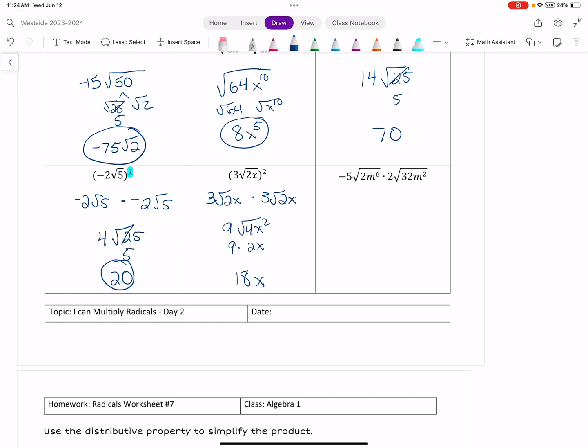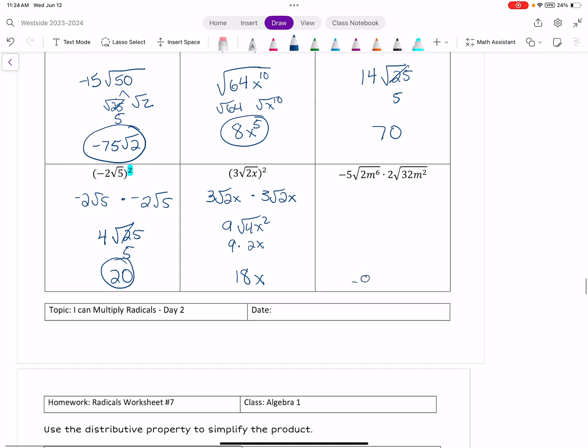The next one has quite a bit to it, so make sure you're taking your time. We're going to multiply what's out in front and then what's inside. So we should get an answer of negative 80m to the fourth.